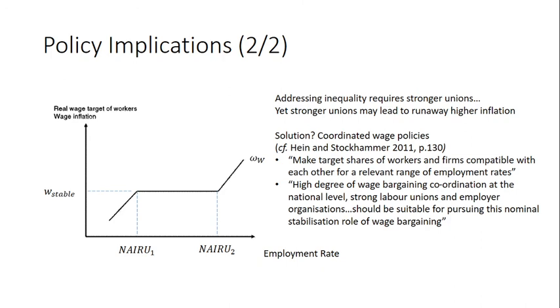Well, there have been a number of works by Professor Hein, along with fellow economists like Engelbert Stockhammer and others, who have suggested a coordinated incomes and wage policy such that unions do not push constantly for higher wages.